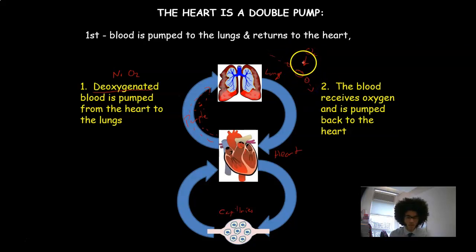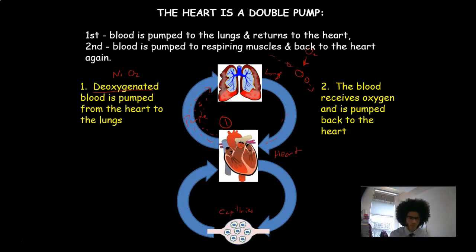And it obviously goes across a partially permeable membrane, all the rest of it. And then it goes back to the heart. Now note that at this stage we've had one big pump of the blood, and that pump was sending blood to the lungs. After that, blood is then pumped to the muscles that need it for respiration, and then back to the heart again.